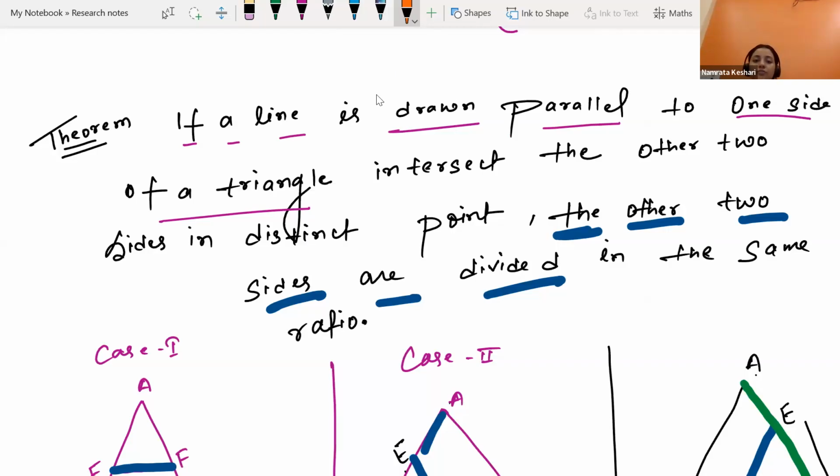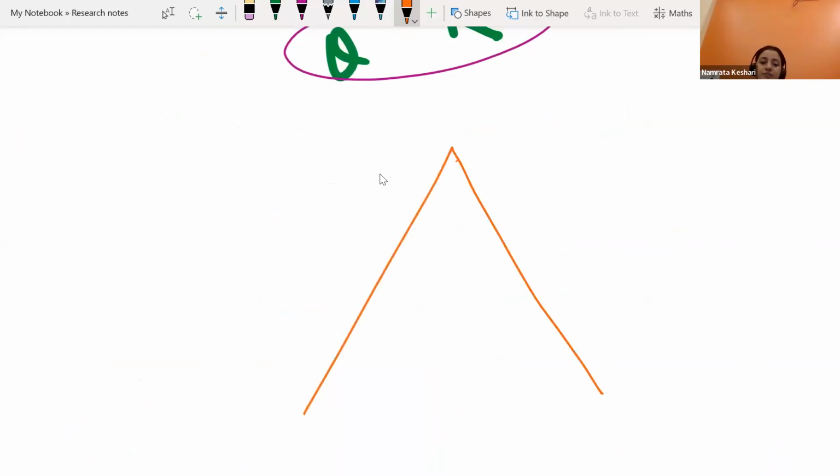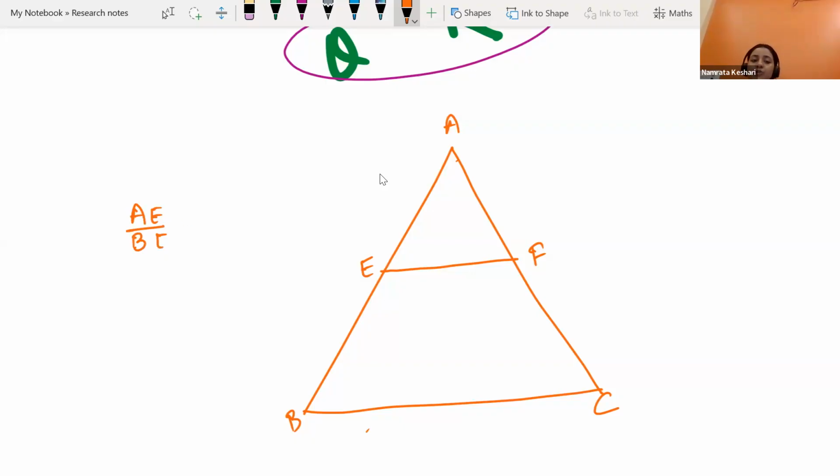Okay, so if we are drawing a line in a triangle, ये सारे कंसेप्ट हमने अभी अभी जो डिस्कस किए, ये यहाँ पे हम यूज करने वाले हैं. ठीक है, अगर हमारे पास एक ट्रायंगल ABC and if there is a line EF parallel to BC, then the ratio AE by BE will be equals to AF by FC. ये हमें प्रूफ करना है.